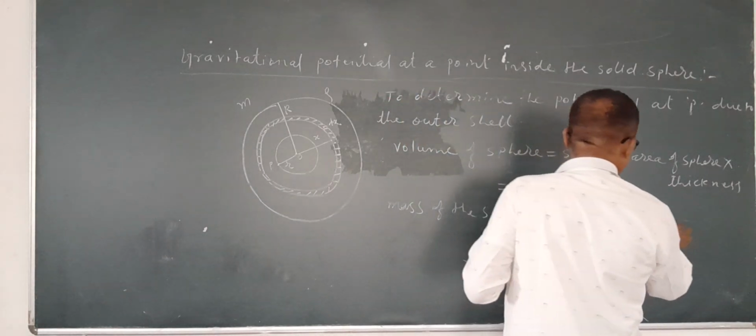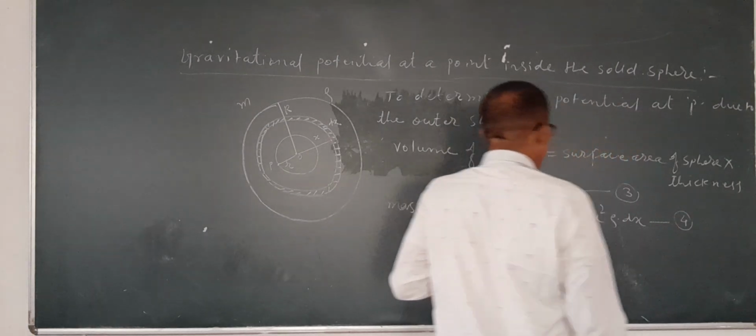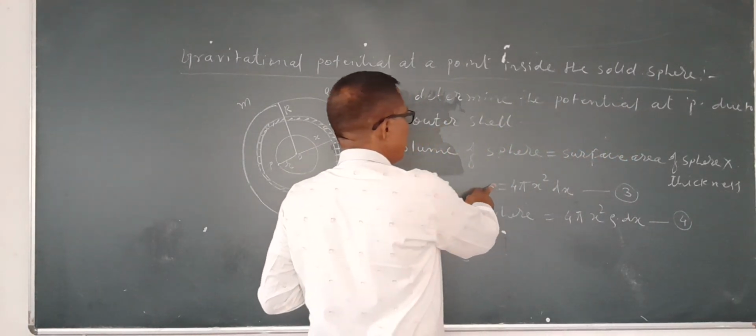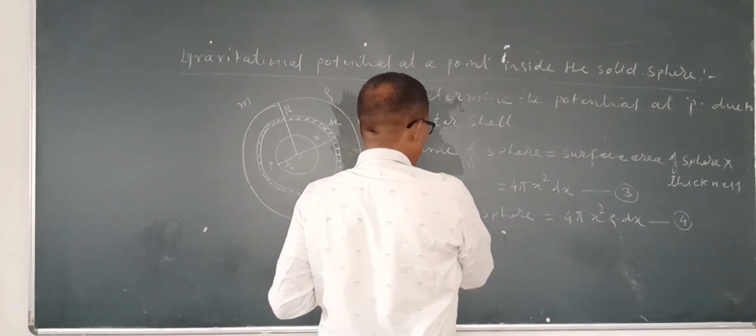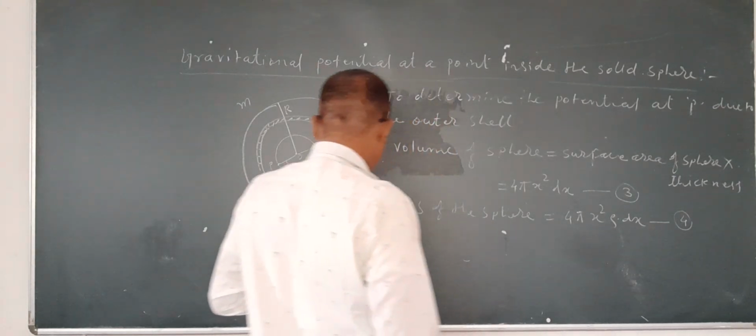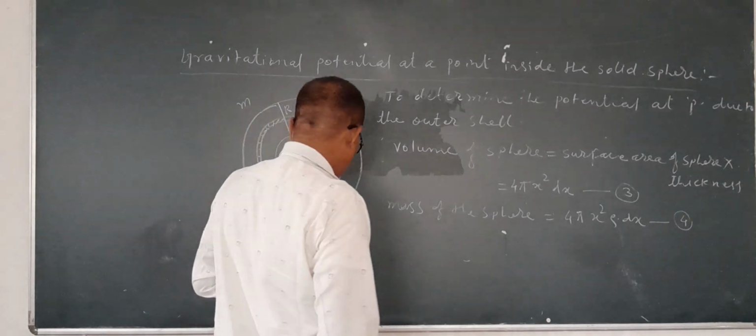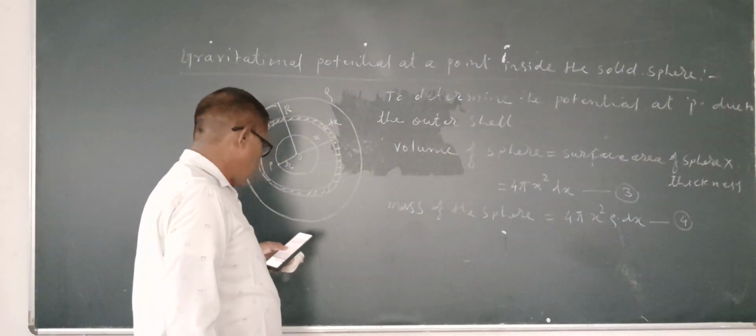This is equation number 4. From the volume of the shell we get the mass of the shell, and now we can calculate the potential.